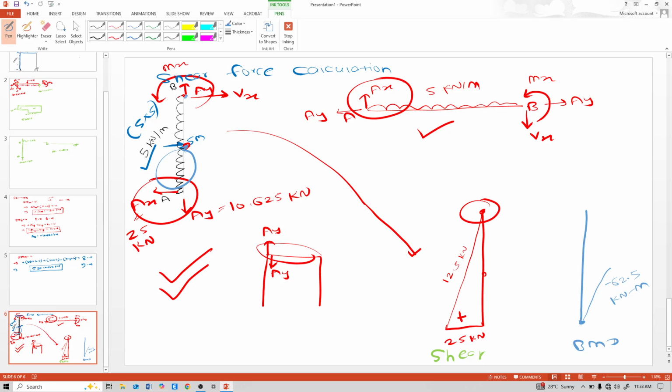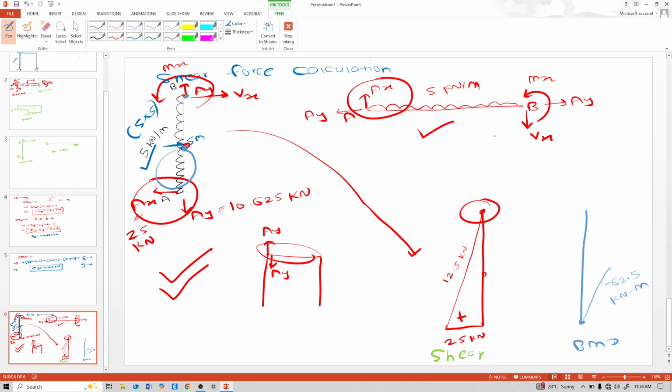Now calculate bending moment here. 5 into 5 minus 5 into 5, which is a concentrated point load, into 5 by 2 where it acts.